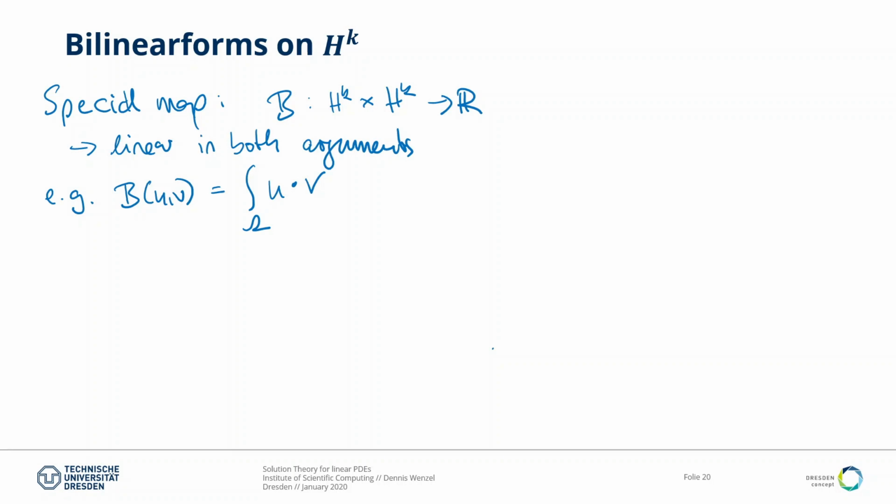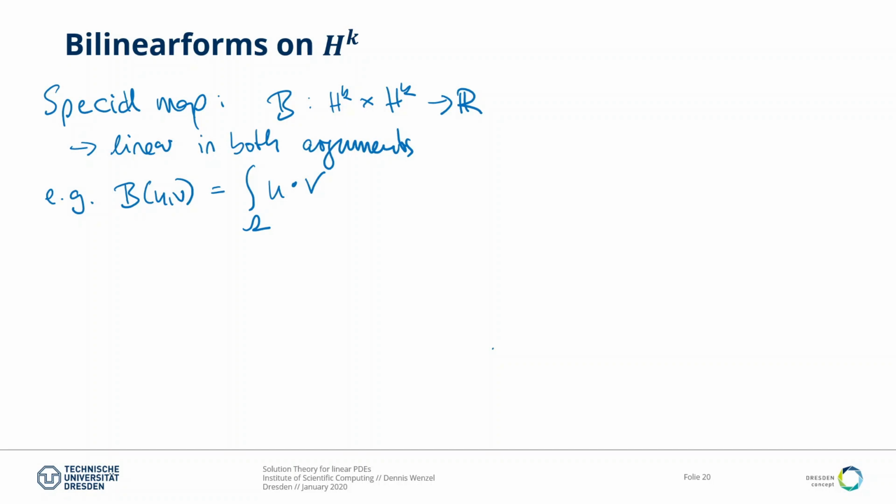And yes, this is not a coincidence. This is the L2 scalar product, and the scalar product is just a very special bilinear form. Okay, so every scalar product is a bilinear form, but not every bilinear form serves as a scalar product, because these are not necessarily symmetrical.